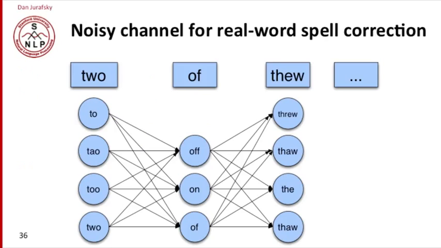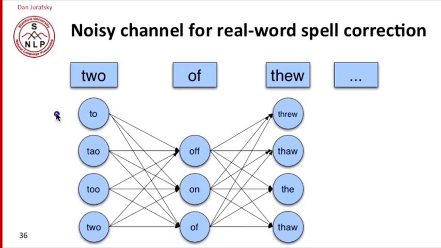Imagine the three-word mini sentence: two of thew, T-H-E-W. So for each word, the word two, the word of, and the word thew, we generate potential corrections, each of which is a word of English that is edit distance 1. I've shown some here.